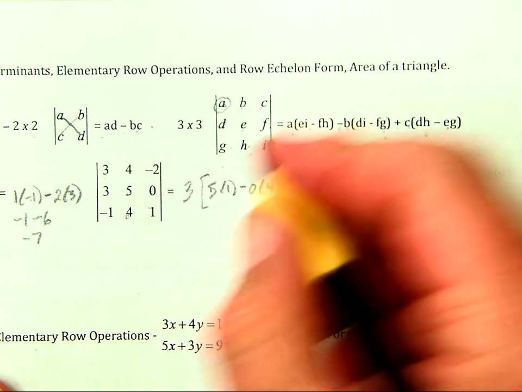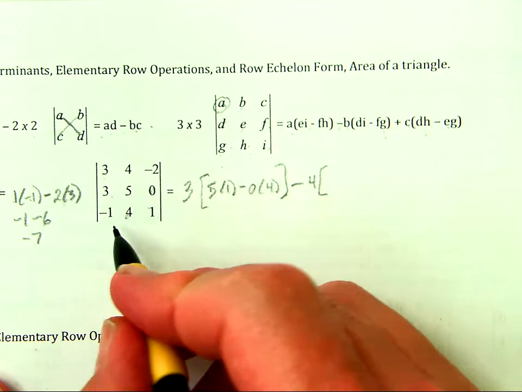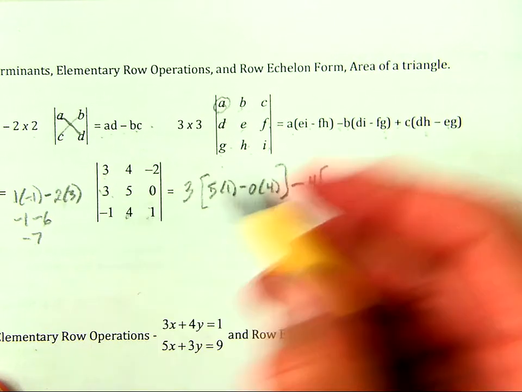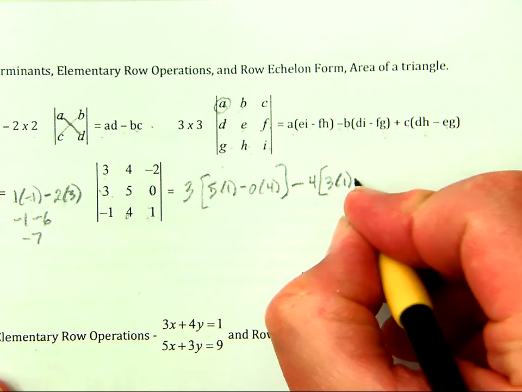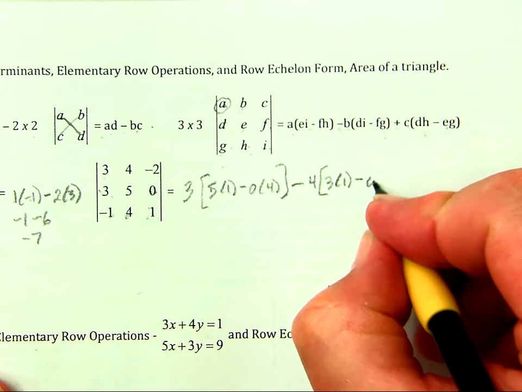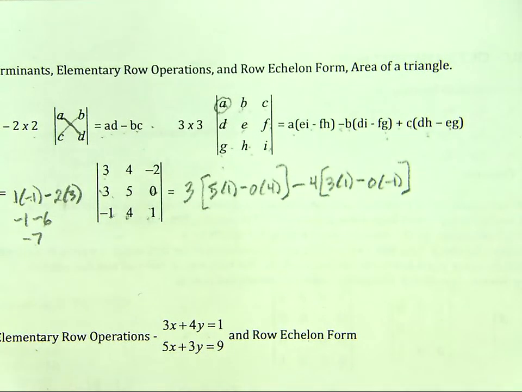Now minus, remember we always take minus the next one, minus 4. Now we're going to take the outside 4. So that'll be 3 times 1, that's our main diagonal, minus 0 times negative 1. That took care of the middle one.